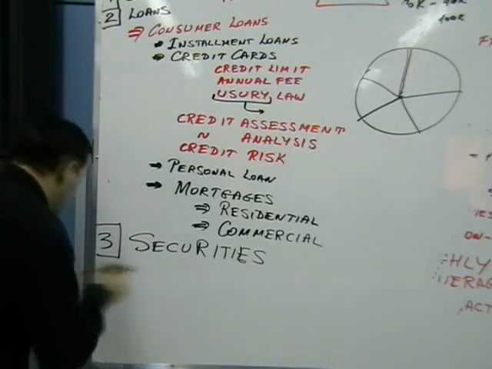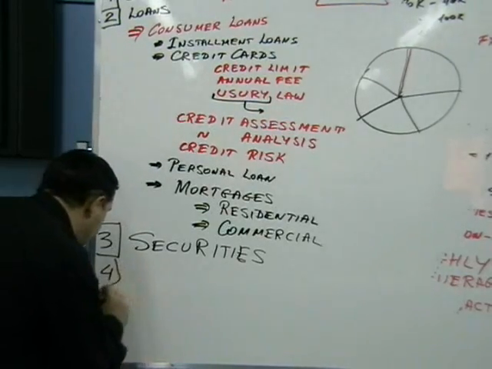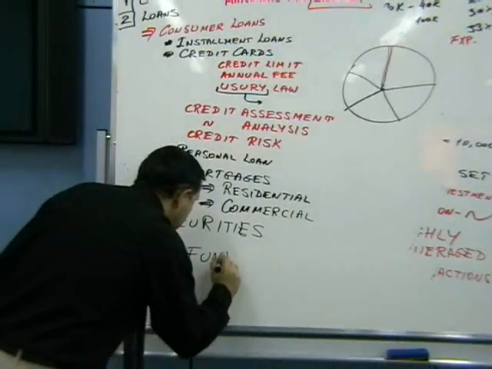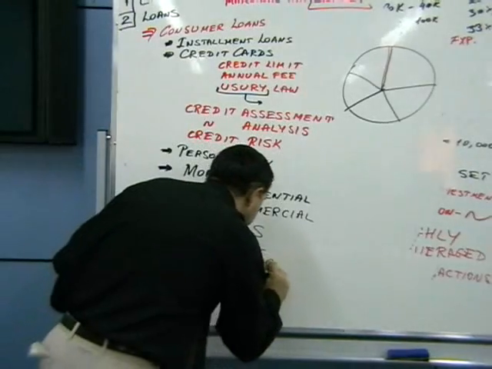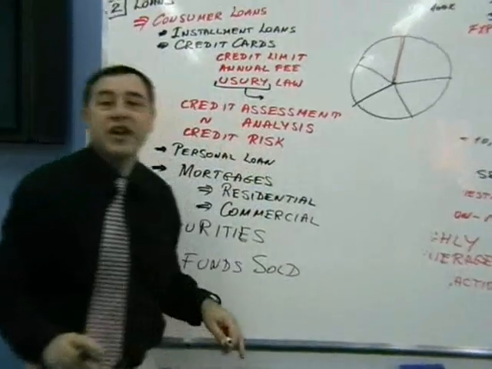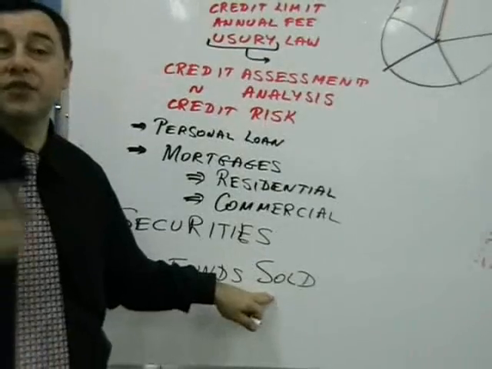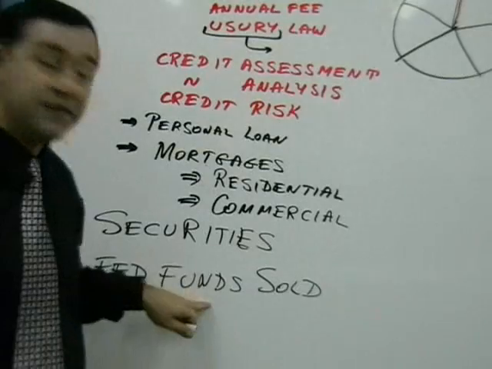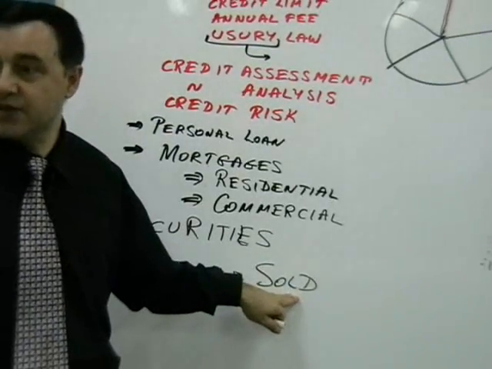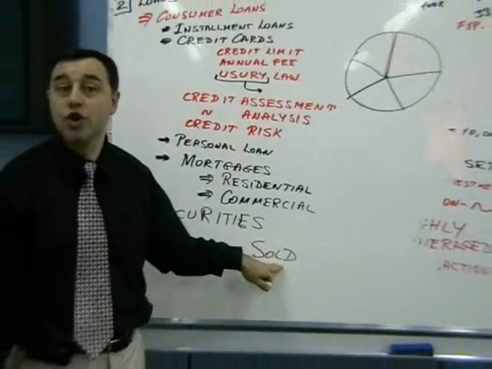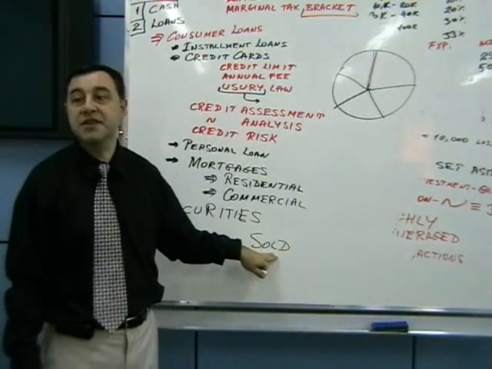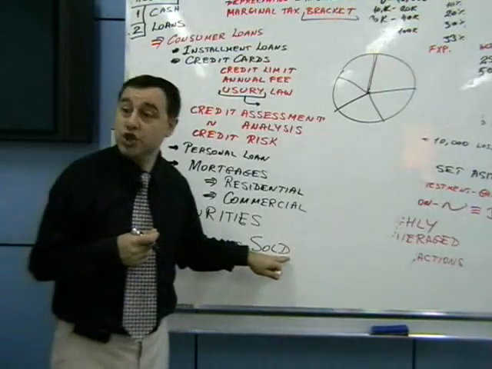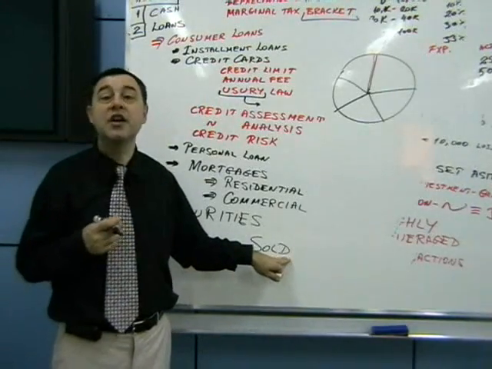Another is Fed funds sold. Now, Fed funds sold simply means, if you remember from the previous lecture, banks will have Fed funds bought, and Fed funds bought is equivalent to borrowing and represents a liability for the commercial bank, and Fed funds sold is essentially an asset.